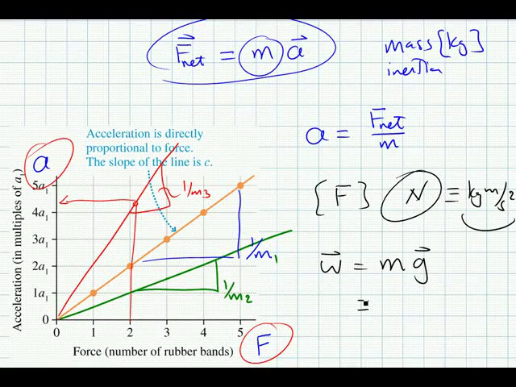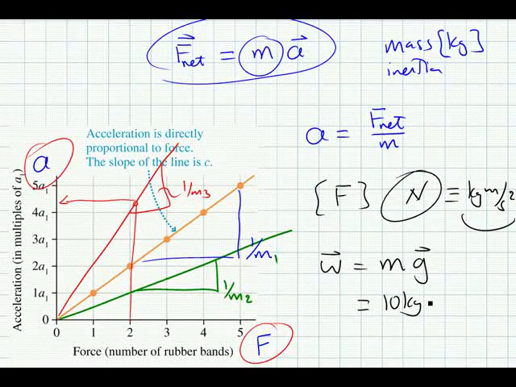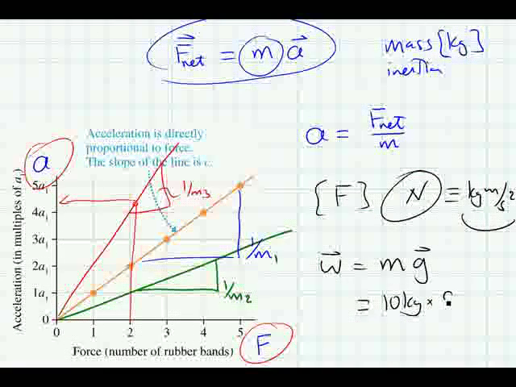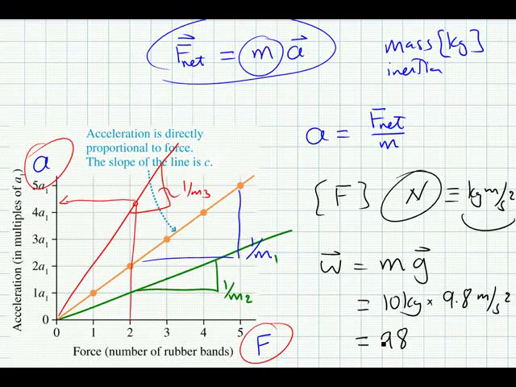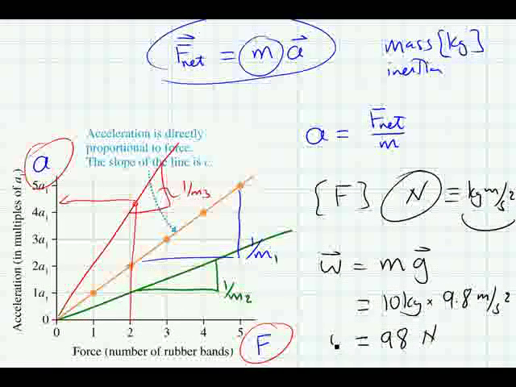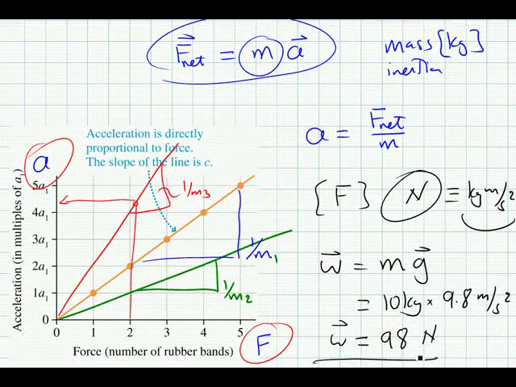Let's say that we have a 10 kilogram box, and multiply that by acceleration due to gravity, which is 9.8 meters per second squared. Therefore the weight or force due to gravity acting on this 10 kilogram box on the surface of the earth is 98 newtons. That's the weight of a 10 kilogram box, 98 newtons.